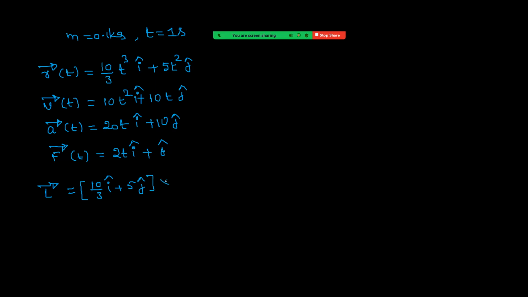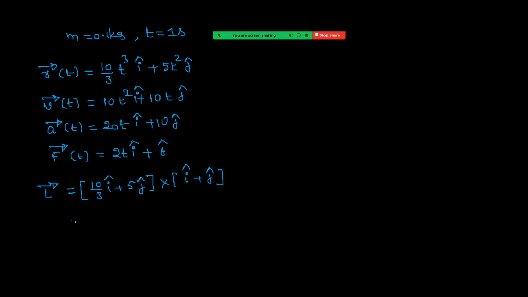That is r bar. r bar cross p bar. p bar is velocity, 10 I cap plus 10 j cap, into 0.1. It is I cap plus j cap. That is the momentum vector.